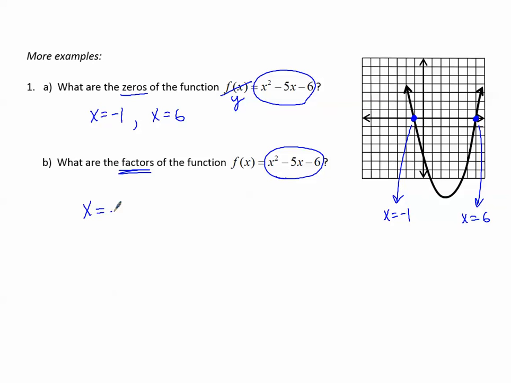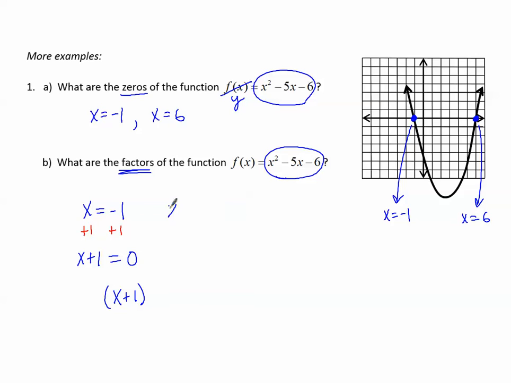If I start with the 0, I want to make it equal 0. So how do I make a negative 1 equal 0? I add 1 to both sides. So x plus 1 equals 0, and therefore x plus 1 is a factor.